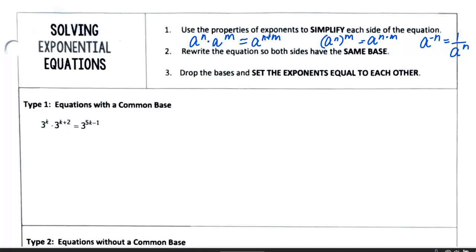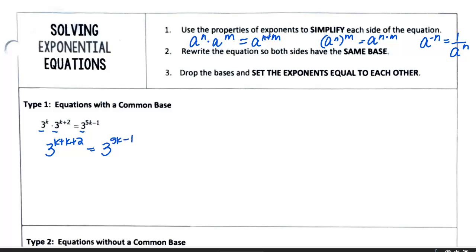So let's look at type 1, which is the best one: equations with a common base. You'll see that each base is 3. So all we have to do is combine the left side into a single base of 3, and then we can drop those 3's and just solve for our exponents. With the product rule, we have 3 to the k plus 2 equals 3 to the 5k minus 1.